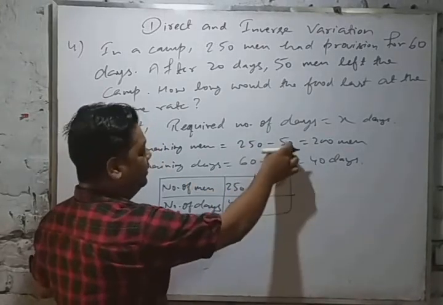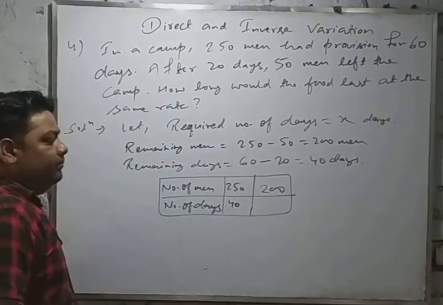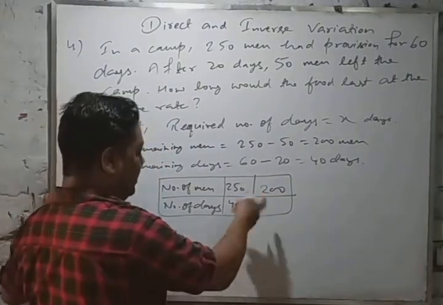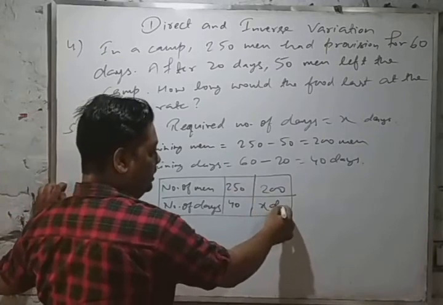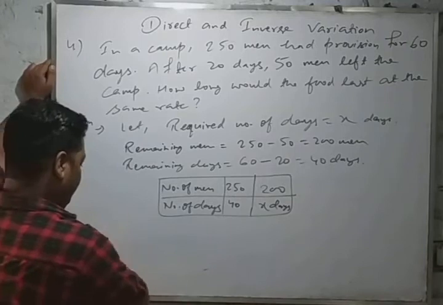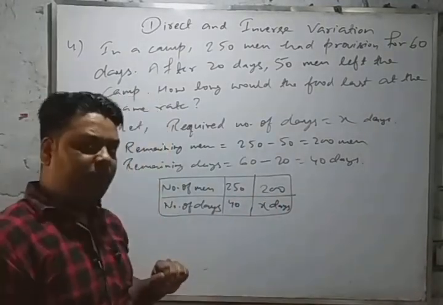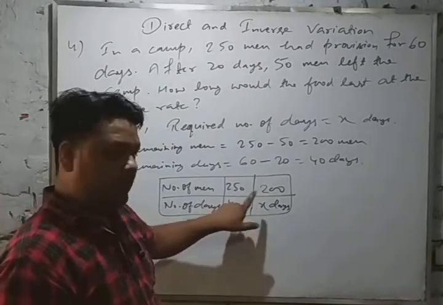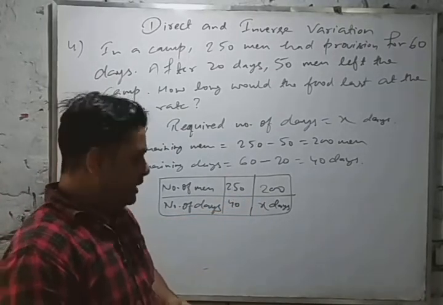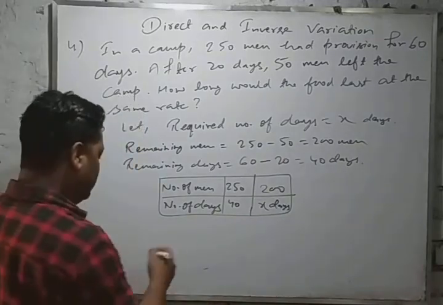But if the men are only 200, then in how many days will the food last? So only x days. Here we will let x days. Now, see here, if the number of men will decrease, then the food lasts for more days. Simply it is inversely proportional.